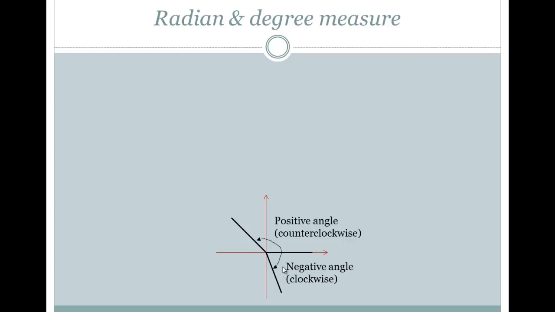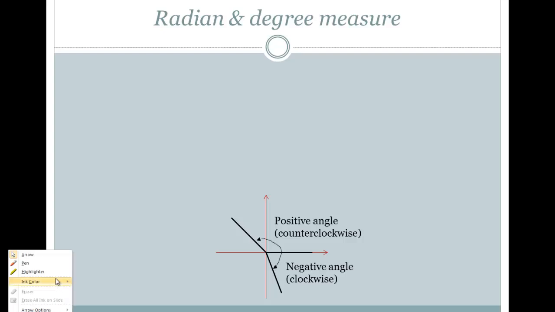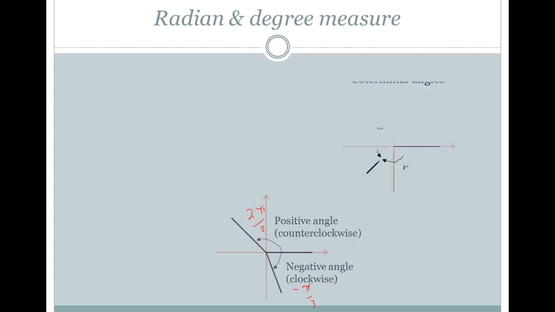For example, this angle could be something like 2 pi over 3, positive, and this could be, say, negative pi over 3. I'm not overly accurate there, but you get the idea. Positive is counterclockwise, negative is clockwise, always off the positive x-axis.